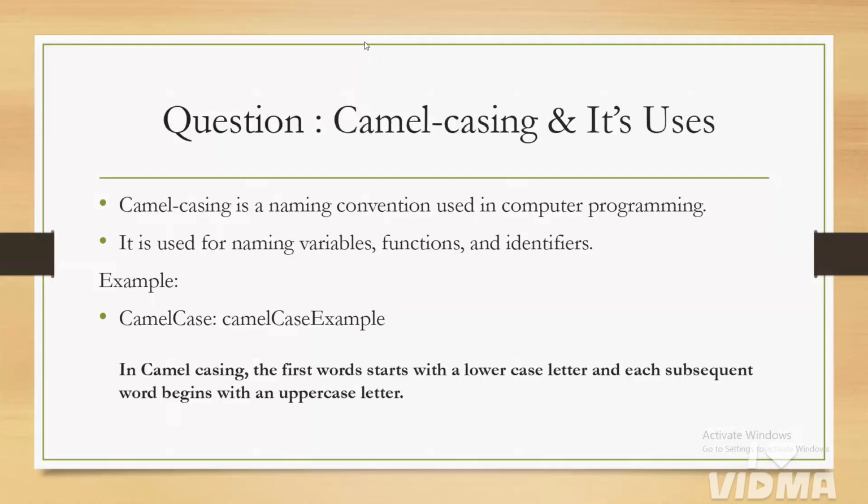Vidya is completed, and the next word is combined, but here the B will be capital. And the next one is Priyanka Singh. For Priyanka Singh, P will be the smaller one and the S will be the capital one. So in this way we can use camel casing.